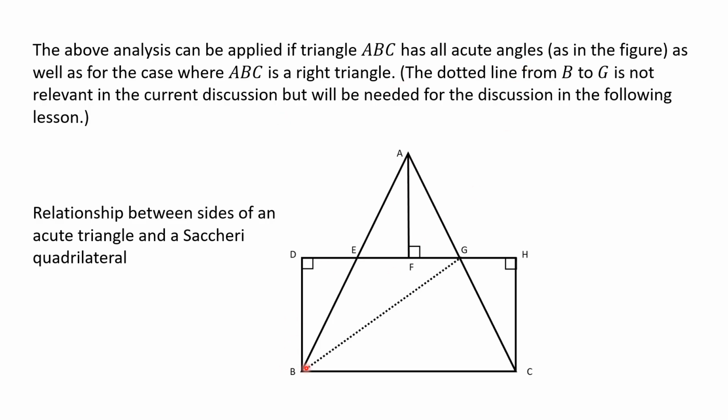So all the angles here for A, B, and C are less than 90 degrees. And we can develop the Saccheri quadrilateral in a similar way. We pick E to be the midpoint between A and B, and then G to be the midpoint between A and C.